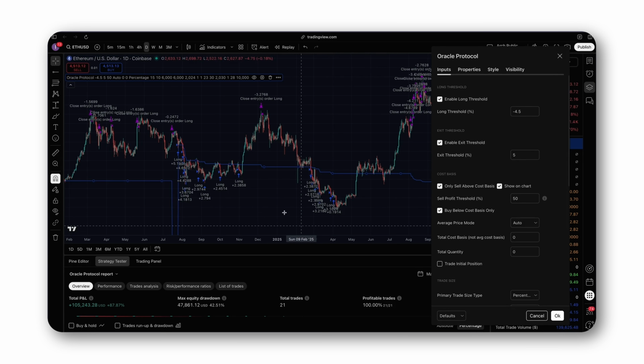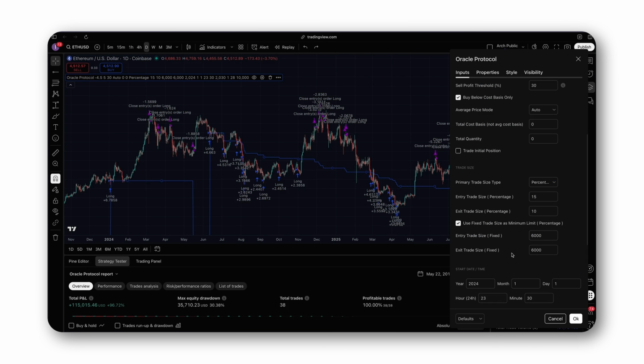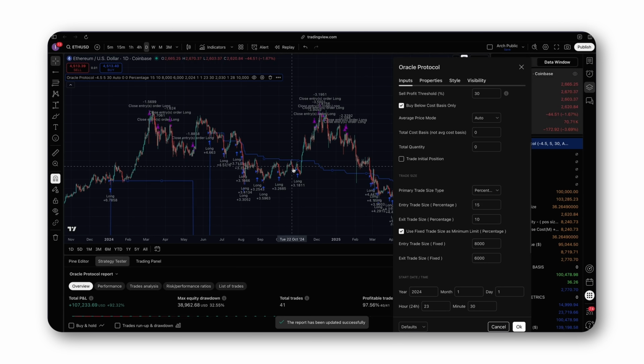We ideally want to be fully utilized at the low of a move. And over here, if I look at this initial buying area, I should expect somewhere around the same. So I'm at 20,000, which is fine. If I increase the entry trade size fixed limit to, let's say, 8,000, and I take my cursor over here, I'm at $240 in cash.